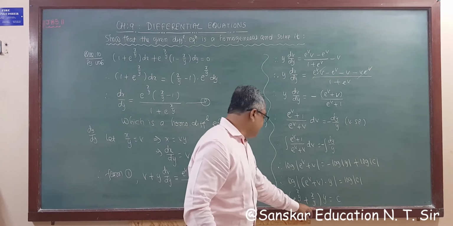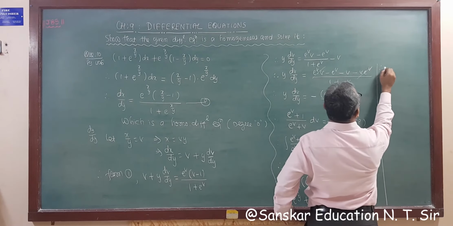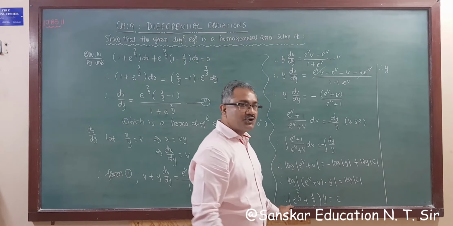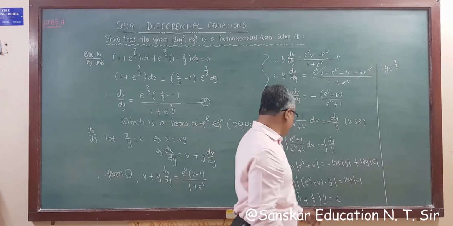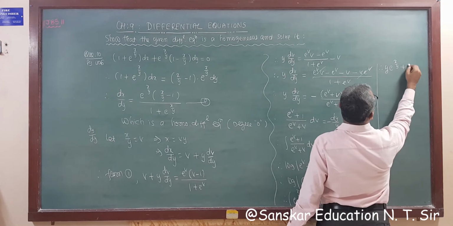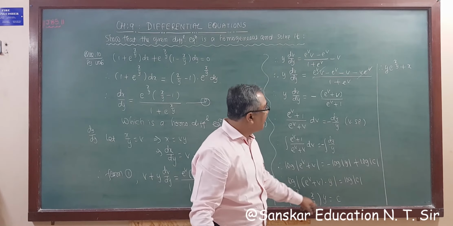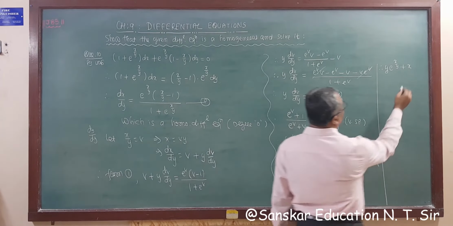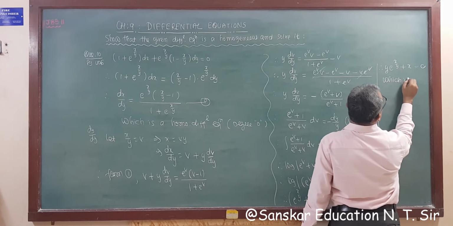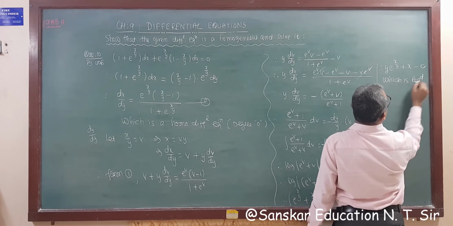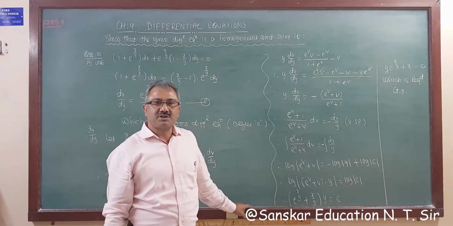Now taking LCM, so this is y, therefore y e^(x by y) plus x, right? If you multiply this, we get this, so y will be cut, is equal to c, which is the required general solution.